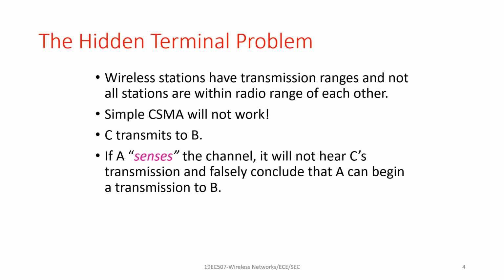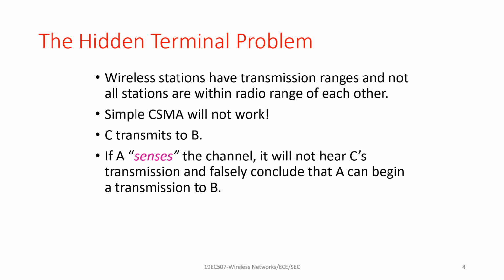In the previous slide, we saw three nodes A, B, C. Now let us assume that C is transmitting to node B wirelessly. If node A senses the channel and is not able to hear C's transmission, what will happen?